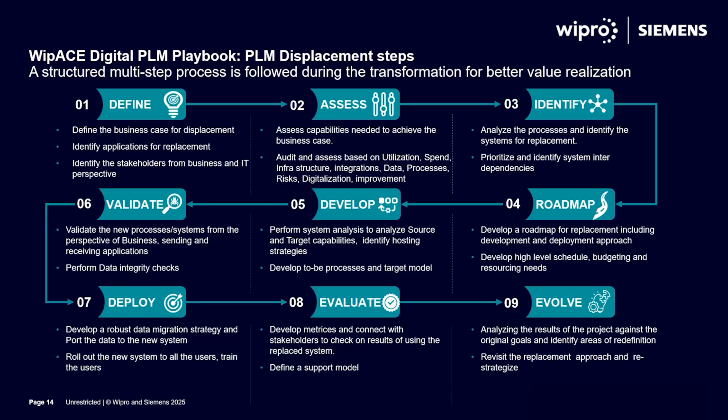For example, assess whether the chosen PLM platform has the needed capabilities to achieve the business case. The next step is to analyze the capabilities and identify the processes needed in the application to achieve those capabilities. You can prioritize the capabilities based on the business needs as well.